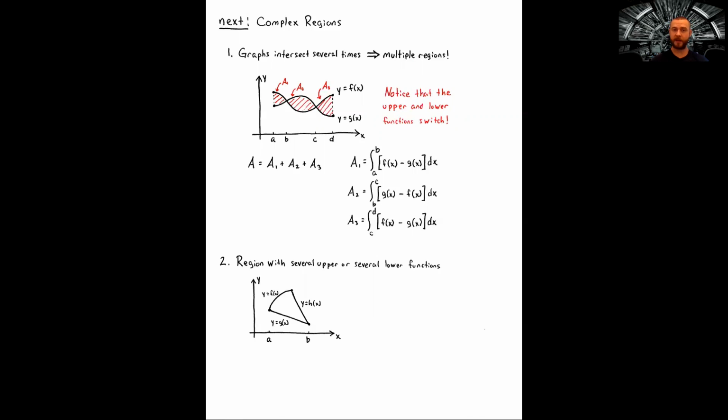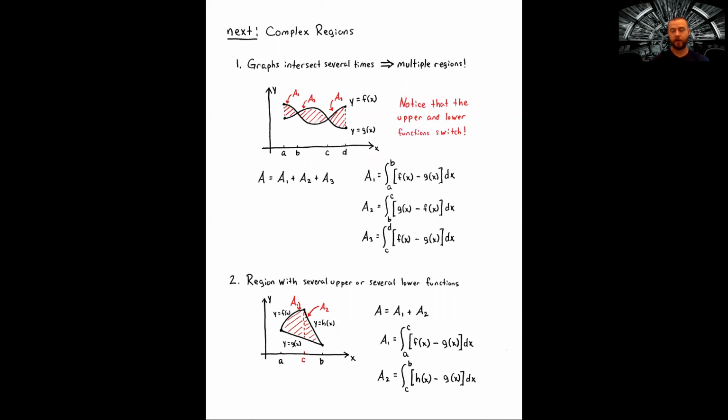Like we mentioned above about breaking a complex region into a smaller number of simpler regions, we can do the same thing here. At the intersection point where f of x and h of x intersect, which occurs at what we labeled here, x equals c, we can split the region with a vertical line at x equals c into 2 regions on either side, A1 and A2.